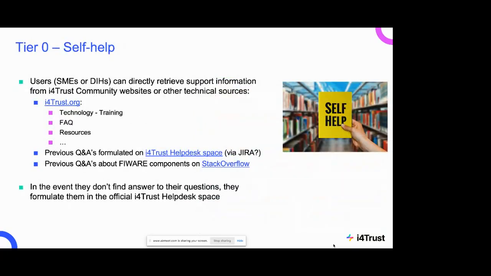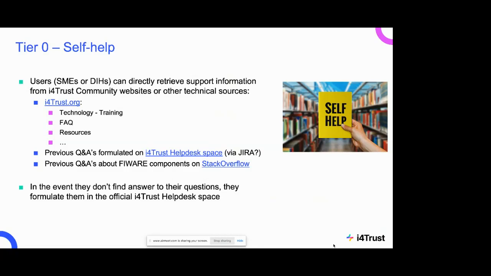Within tier 0, this is what we refer to as the self-help tier. Essentially, it is the entry level where the different organizations that are approaching the I4Trust community will start.